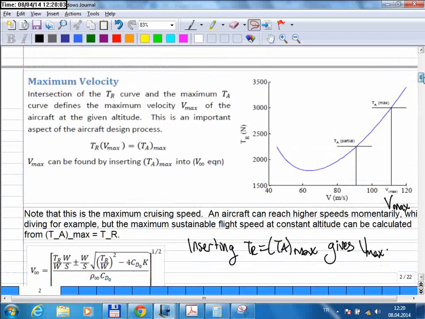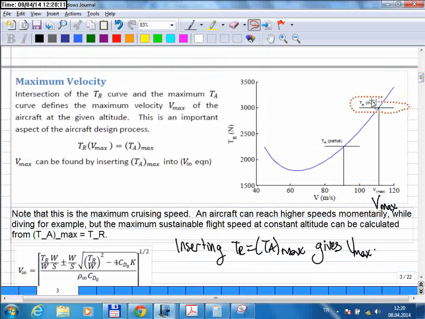And again, if you want to calculate your maximum possible flight speed, then you need to use the maximum available thrust value, and whatever that value corresponds to, when intersected with the drag curve, will give you the maximum steady level flight speed.